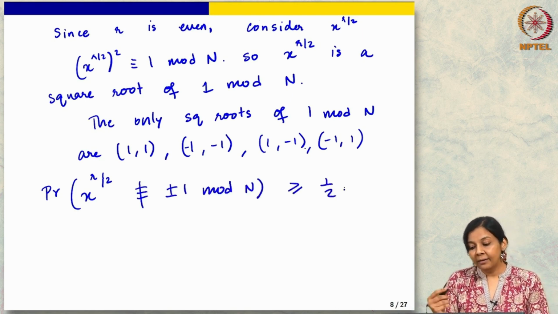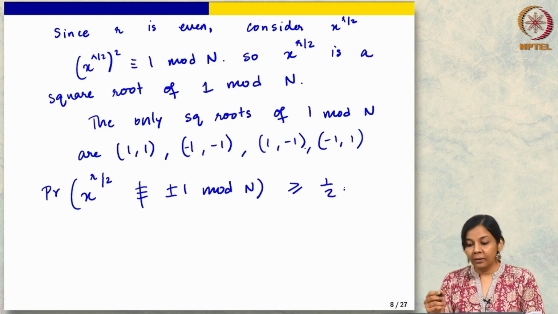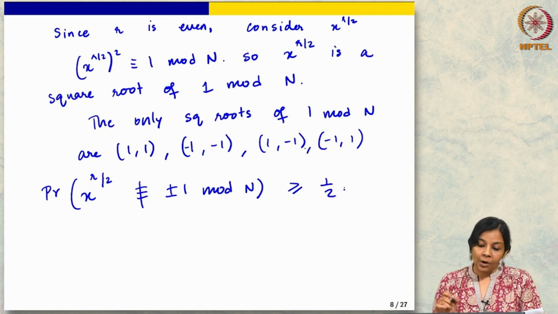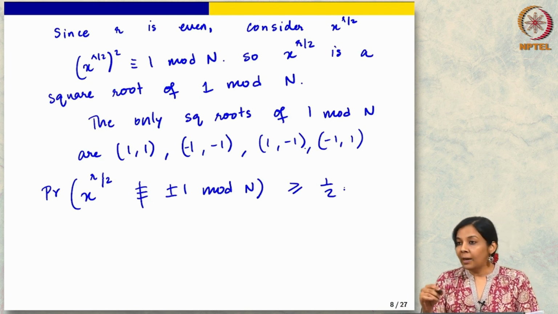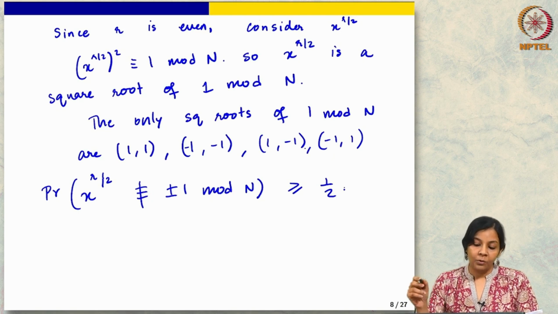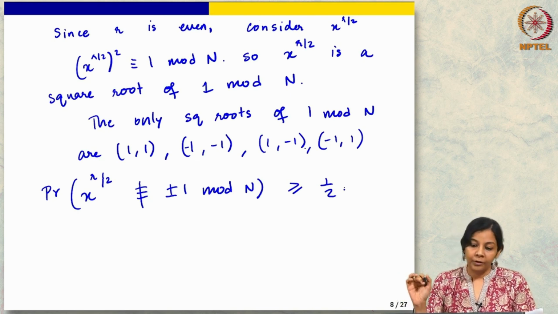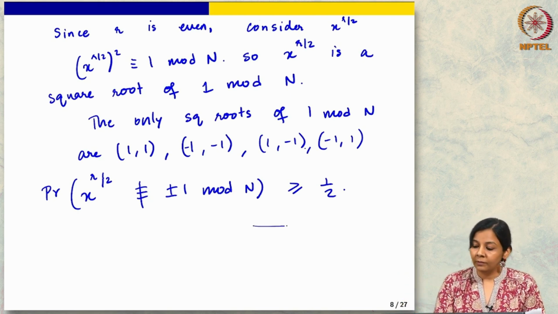Here note that this is an inequality, because we know that r is the order of x. So x to the r over 2 cannot actually be equal to 1, this would contradict r being the order of x. Okay. x to the r over 2 could be minus 1. Anyway, so this is the proof.